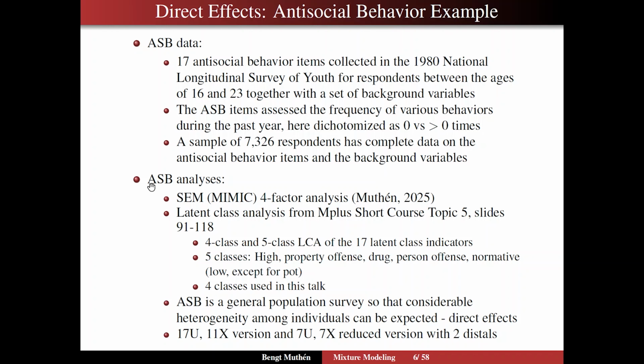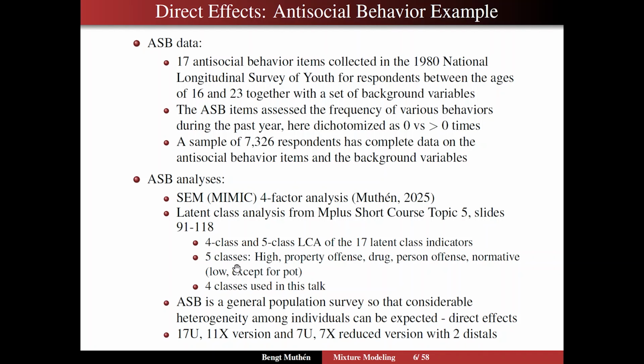I have analyzed these data before in structural equation modeling, MIMIC factor analysis, in this paper for the Cambridge University Handbook. You have the reference at the end of the talk. And also when it comes to latent class analysis in Mplus short course topic 5, where I look at both 4 and 5 class LCA for these 17 latent class indicators.